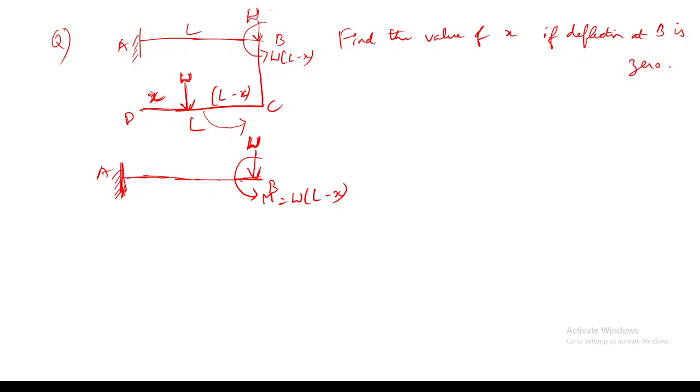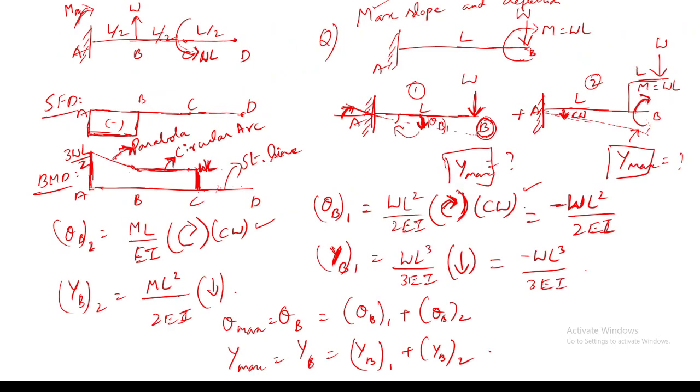This is similar to the question which we have already seen in the previous question. Same W we are having, only the moment direction is changed, so that only we are getting a different slope value or a different deflection value.